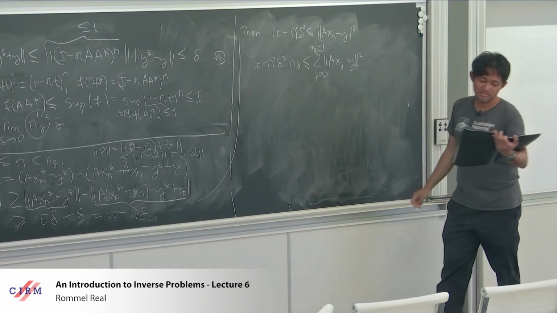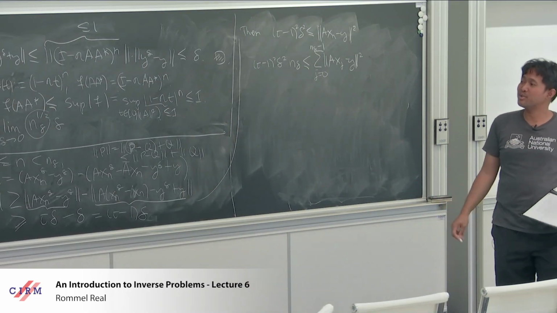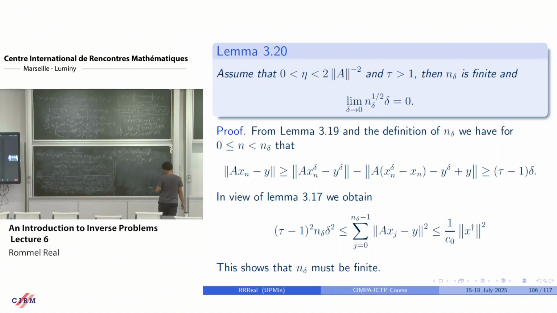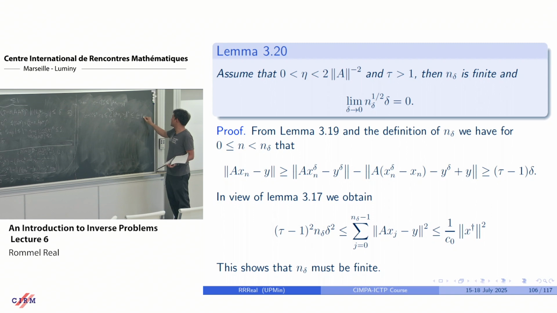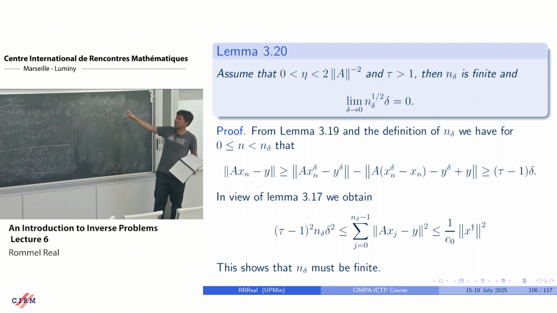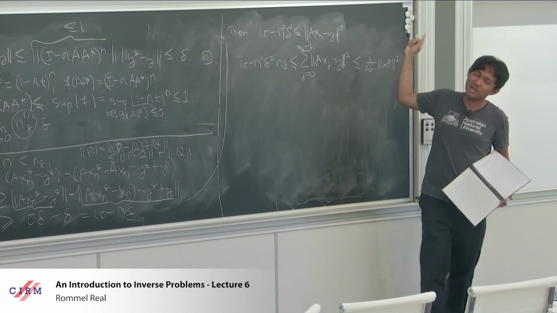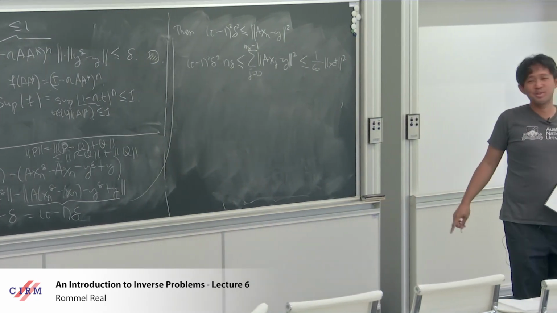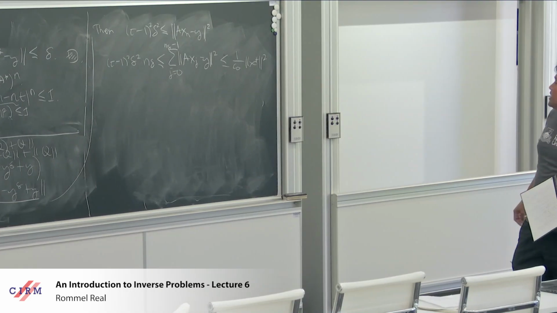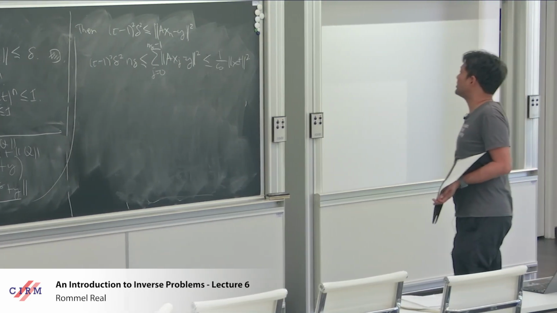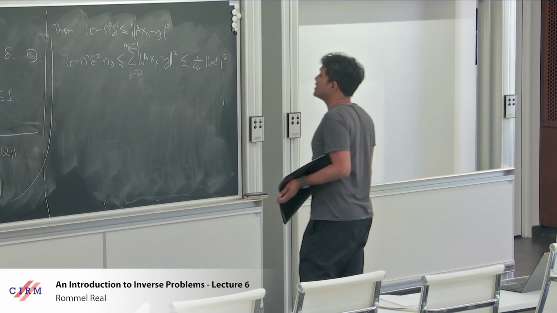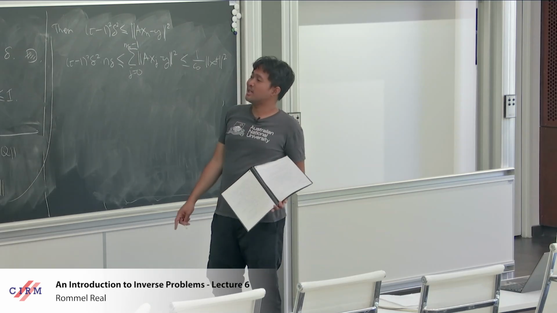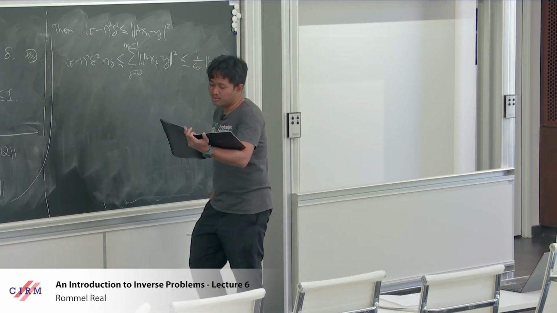And from lemma 3.17, we know this sum is just bounded above by 1 over C sub 0 times the square. Notice this is a finite sum, so it's bounded above by the infinite sum, which is what you see in that lemma. Okay, and then from this inequality, we can see that n delta is finite. Why is that?